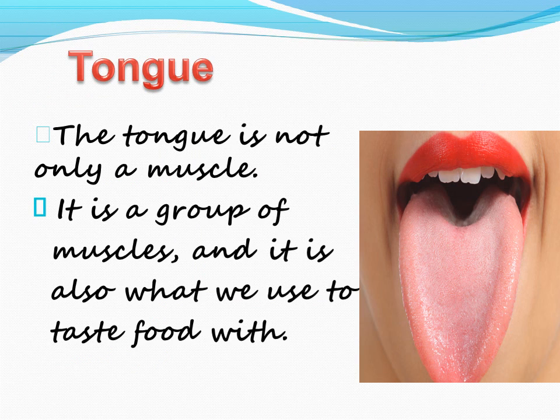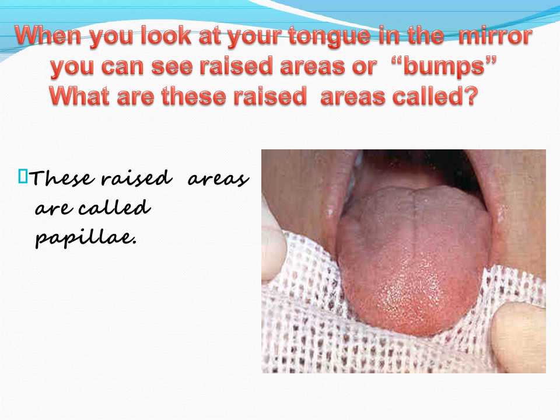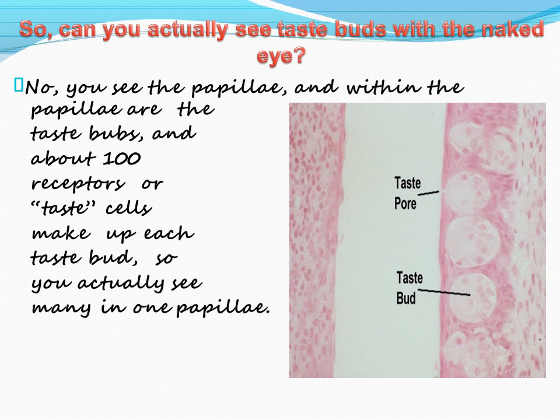The tongue is not only a muscle, it is a group of muscles, and it is also what we use to taste the food. There are some raised areas called papillae.